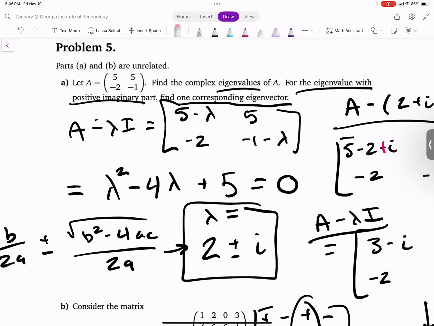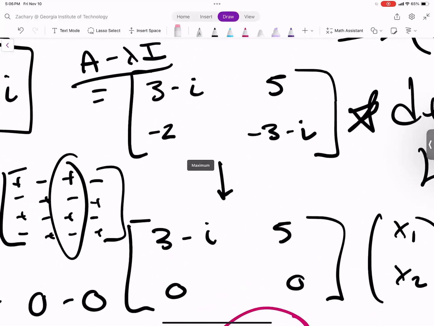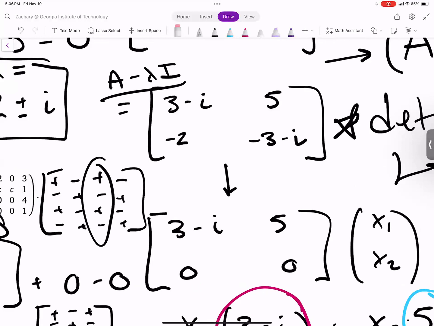How did we know there was a row of zeros? We knew there was a row of zeros here because we're row reducing, right? And we know the determinant of A minus lambda I is 0. And if we know the determinant is 0, we know our rows are similar and our columns are similar, right?